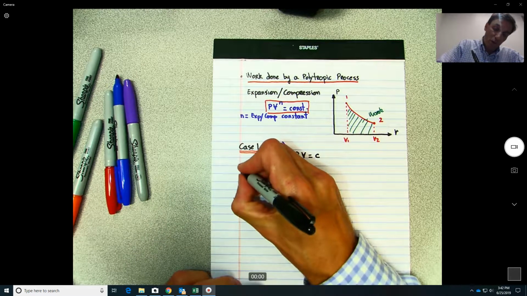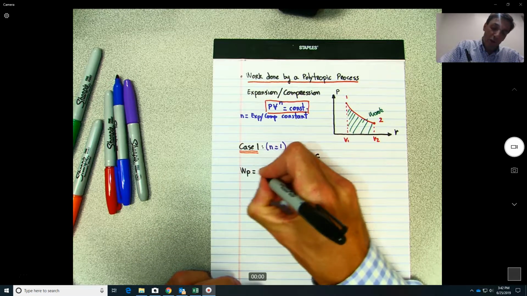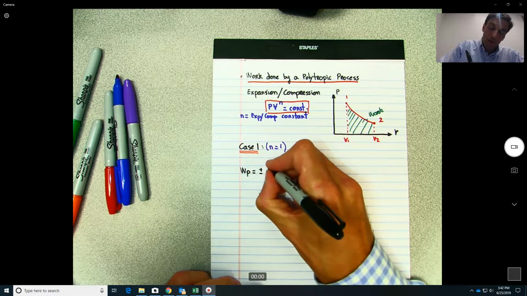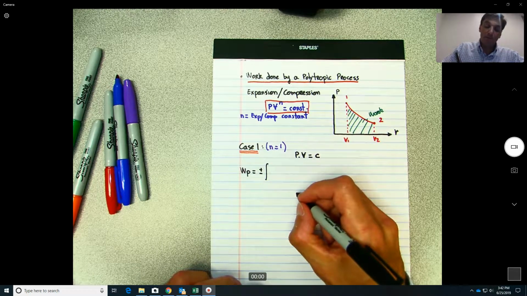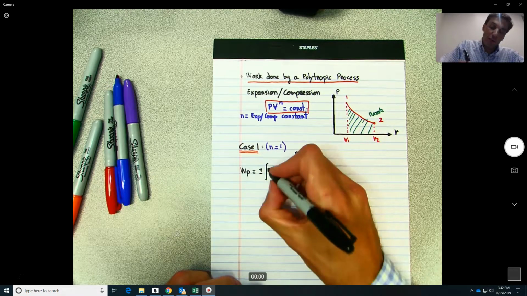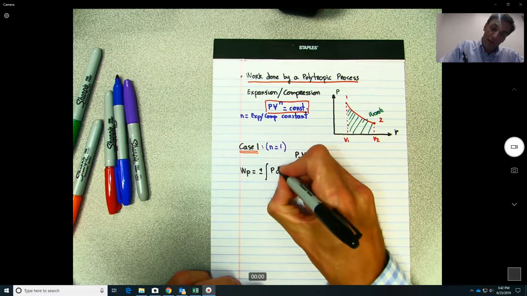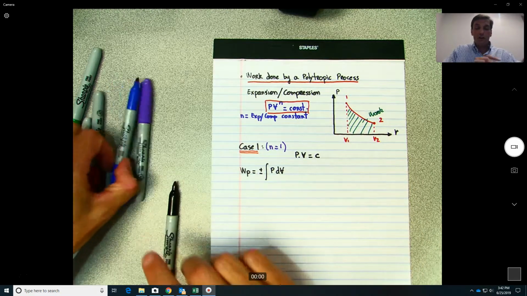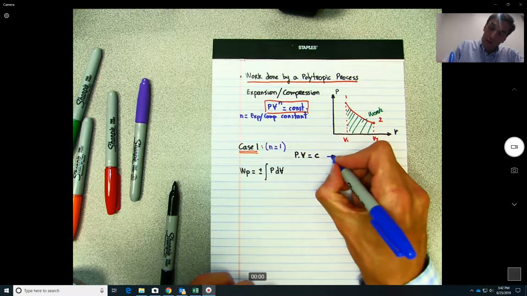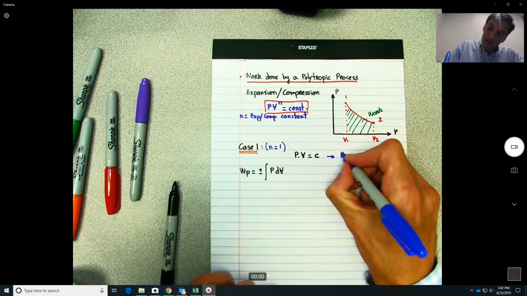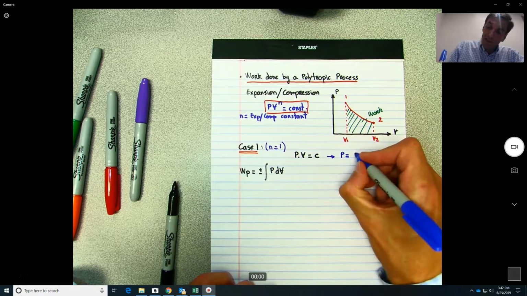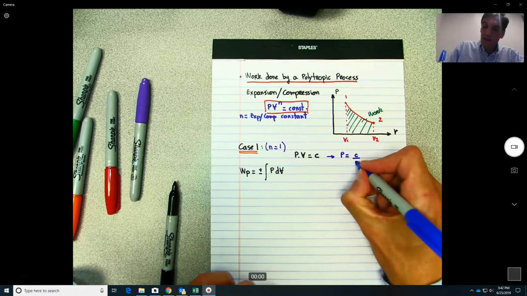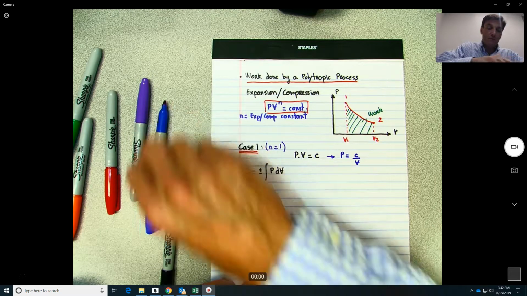So like before, we find the work done by the pressure equal to plus or minus, depending on the definition given for the first law of thermodynamics, P dV. From the above equation, we can rewrite that P will be equal to C divided by the volume.